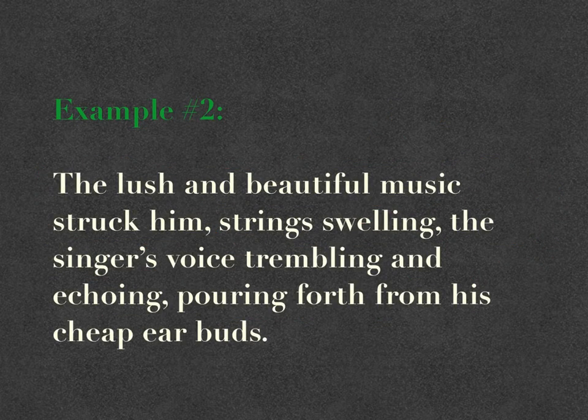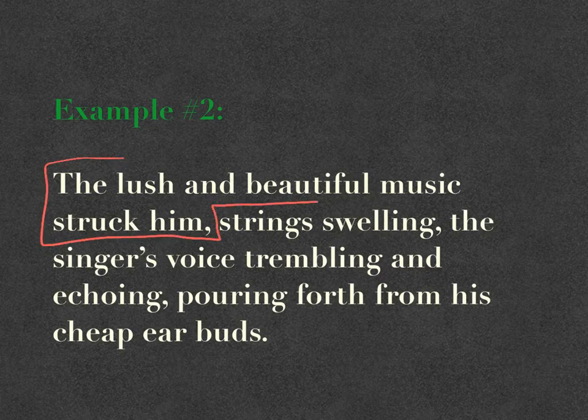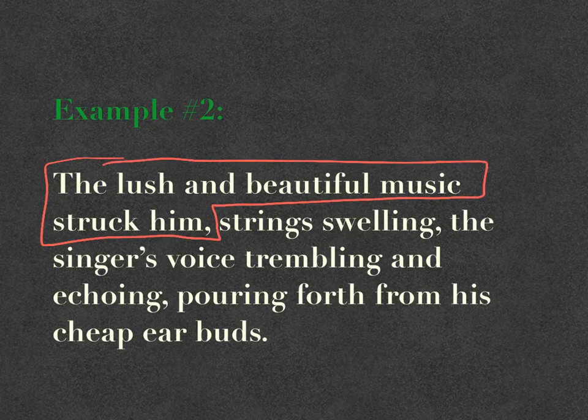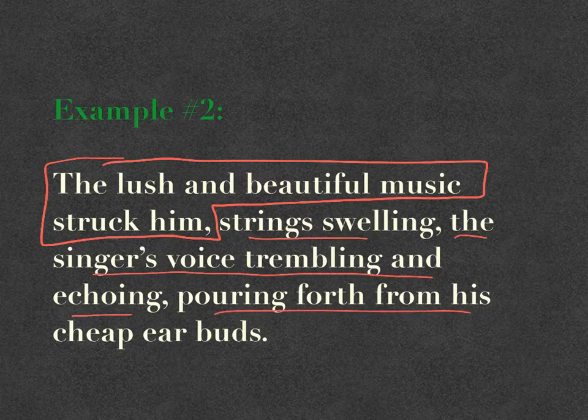Here's another example. The lush and beautiful music struck him, strings swelling, the singer's voice trembling and echoing, pouring forth from his cheap earbuds. So once again, we have a main independent clause followed by a bunch of dependent things that could not be sentences on their own, but that they all come back and are built upon that first main idea.